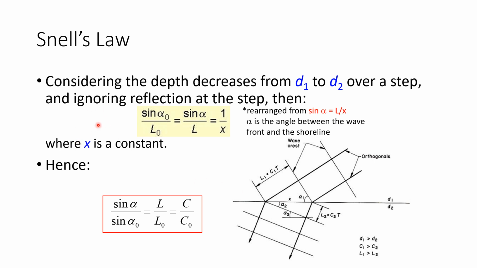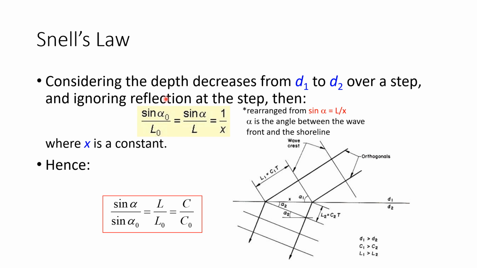On the figure, it used alpha 1 and L1. In this equation here, we use alpha naught and L naught to suggest that location 1 is a deep water location. If we look at the next triangle, sine of alpha 2 equals L2 over x. So if we drop the subscript, sine of alpha is L over x.